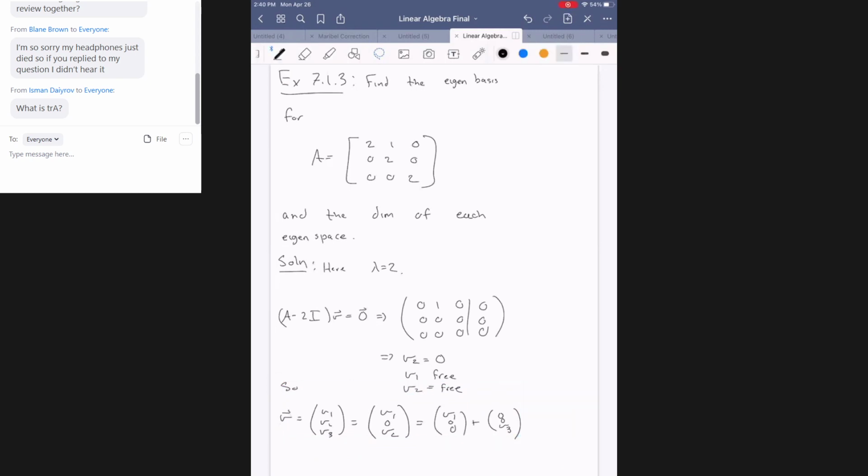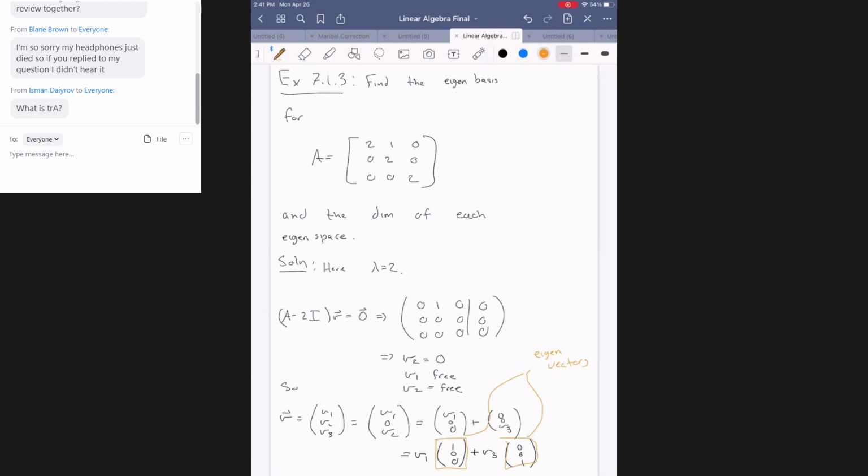This is just going to give me v1 times 1, 0, 0, plus v3 times 0, 0, 1. So now these things right here are your eigenvectors. You see how this single eigenvalue gave me 2 eigenvectors?